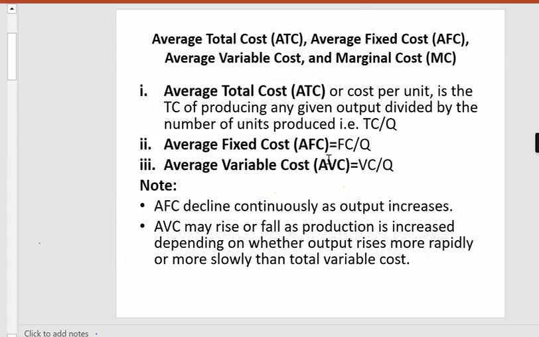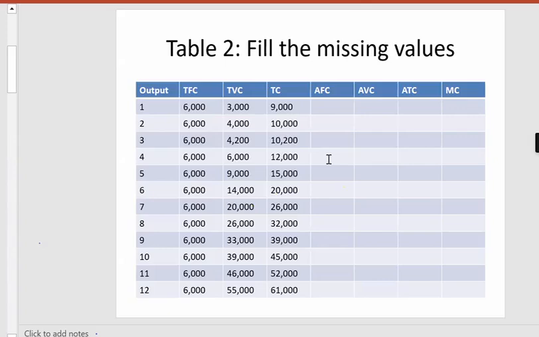And the average fixed cost, this means you have to take the fixed cost divided by what? Divided by Q. Average variable cost. Yeah, let us try to fill this gap together based on that analysis.